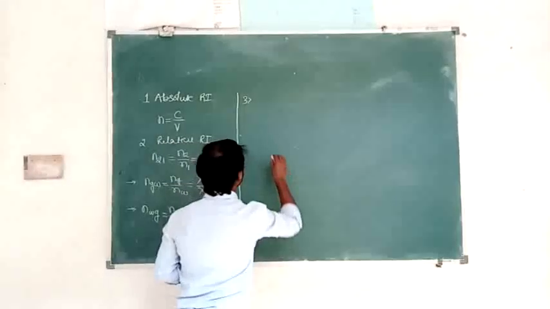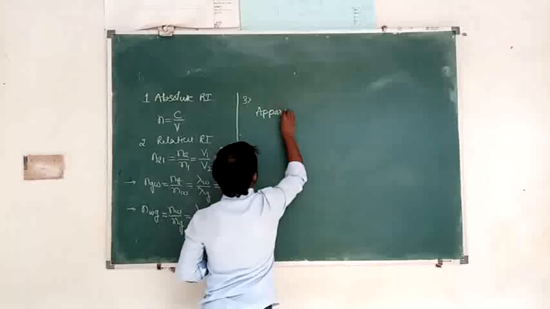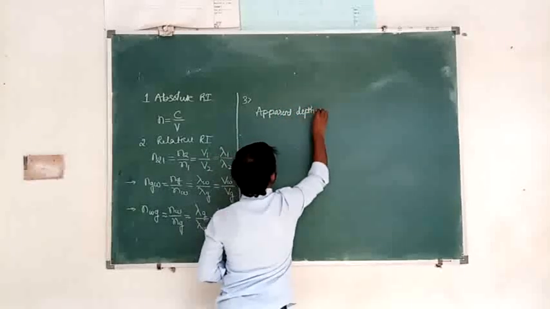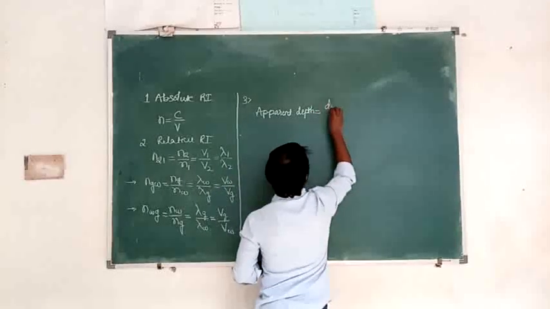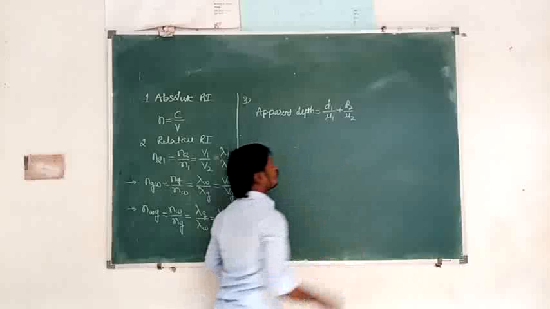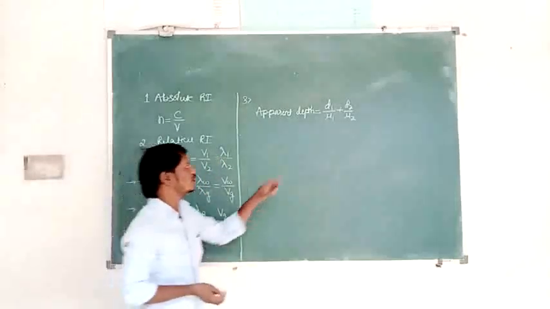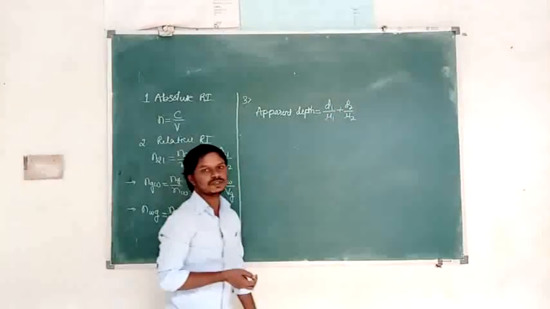So total apparent depth can be determined by d1 by mu1 plus d2 by mu2. If there are two media, if there are three media, we can write d1 by mu1 plus d2 by mu2 plus d3 by mu3.